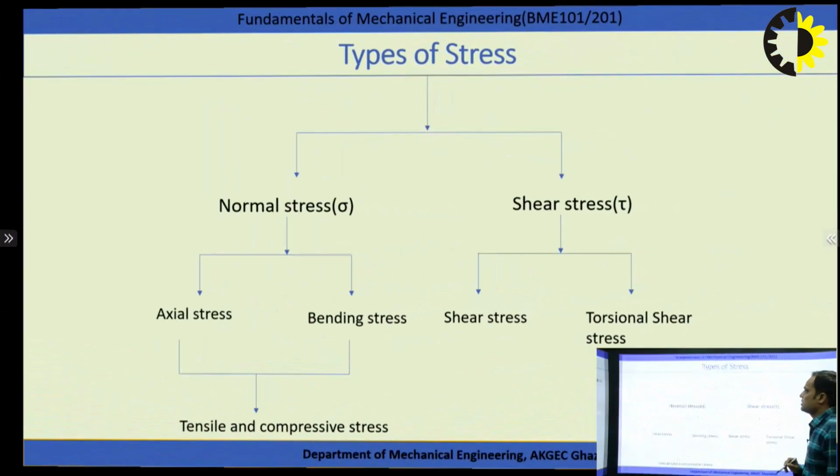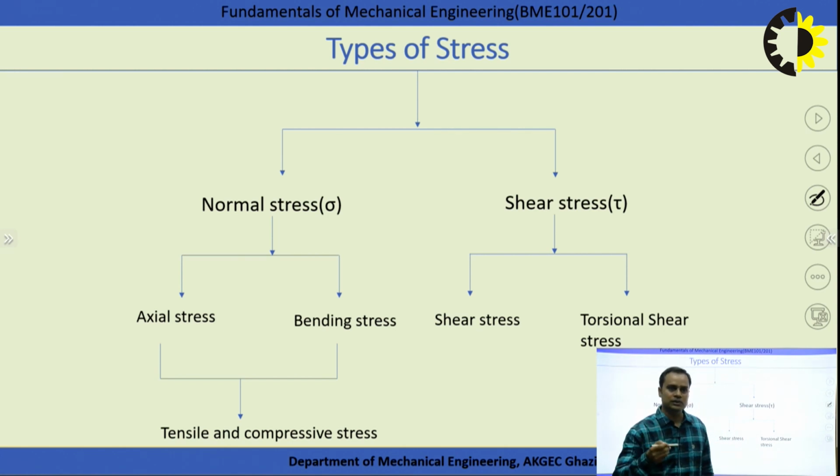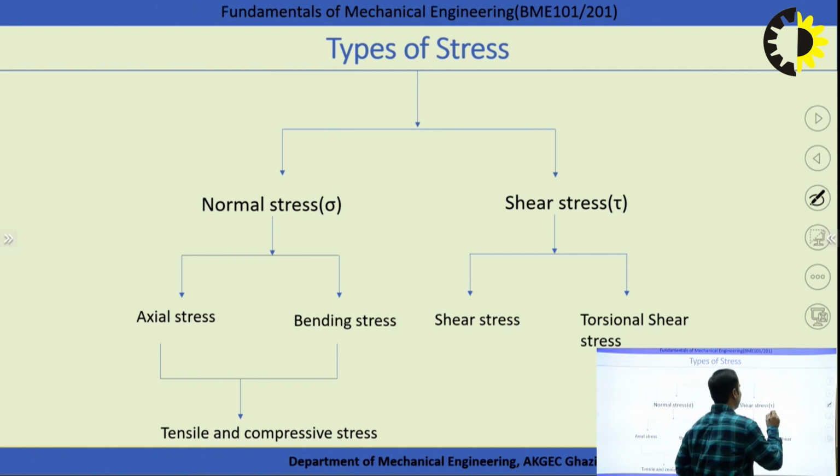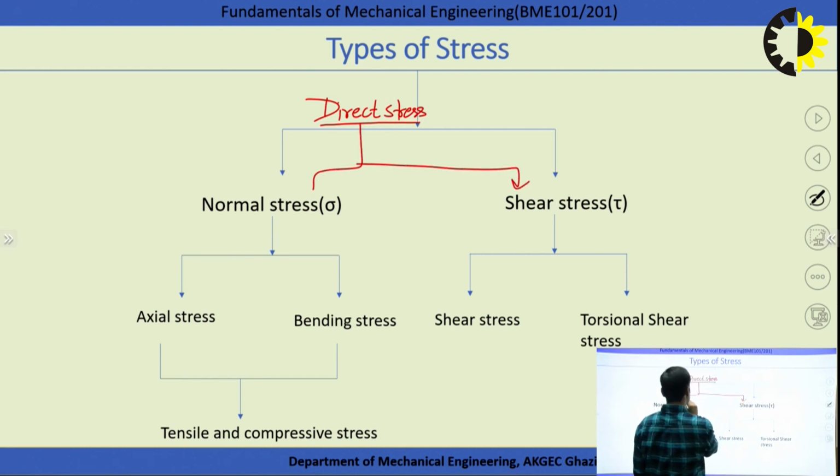After stress, we can see the types of stresses. Generally there are two types of stresses, direct or indirect. Direct stresses means if we are applying force along the axis, we are able to directly calculate the stresses. Direct stress means if we are applying force along the axis, the stress is produced directly.